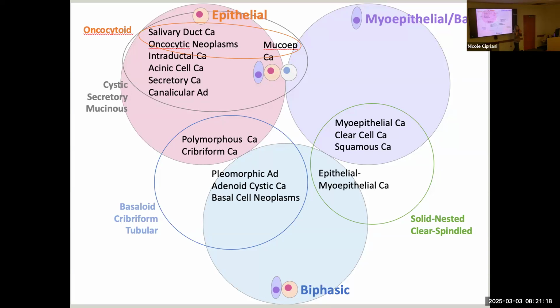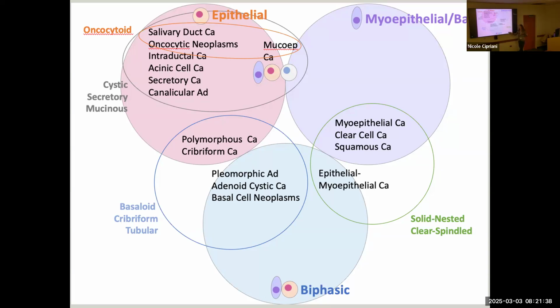So you can sort things based on a number of factors into these patterns of thought, right? And this is published in one of the papers I wrote with one of our former fellows in terms of how you approach this differential diagnosis and what immunostains might be helpful to sort it out.